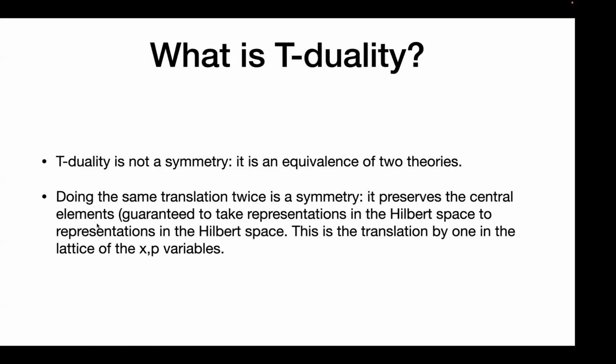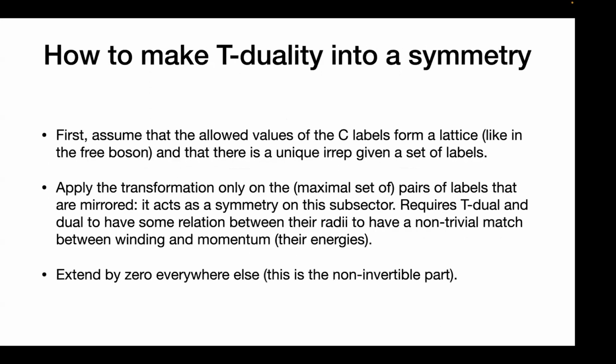And that's what this projector that shows up in non-invertible symmetries is really doing. So you make T-duality into a symmetry by first assuming that the C labels, meaning the left movers and the right movers zero modes, should form a lattice like the free boson, and that given a pair of labels C, there's a unique irreducible representation.